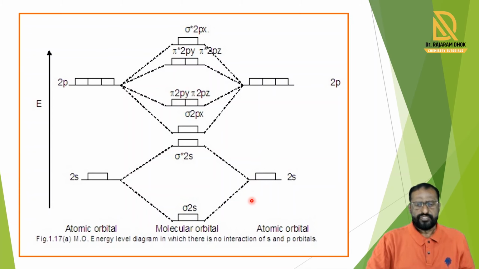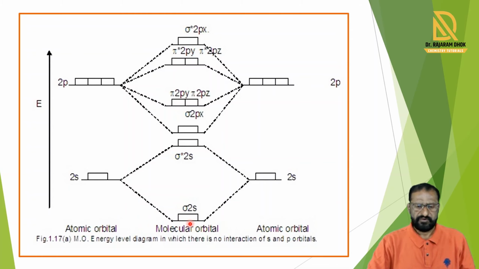Now we see the combination of these atomic orbitals. The 2s atomic orbital of the first atom and the 2s atomic orbital of the second atom, when their wave functions are the same, then there is formation of a bonding molecular orbital, and we show this bonding molecular orbital at the lower energy level because this orbital is stable and it acquires lower energy.